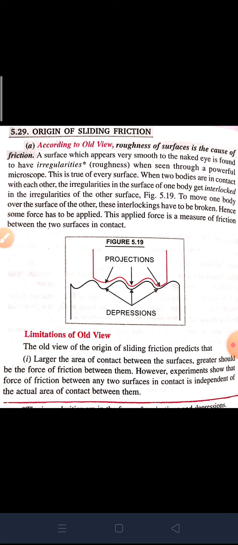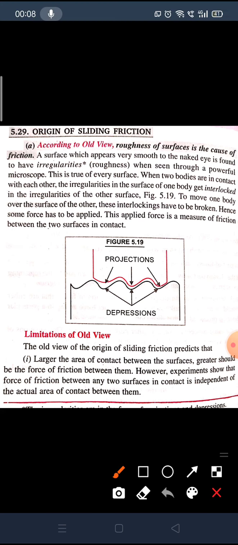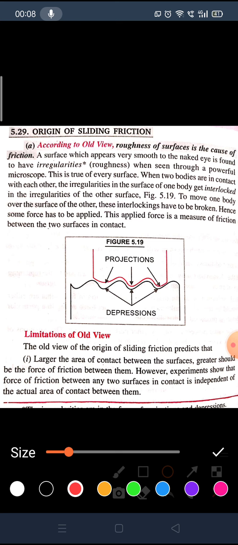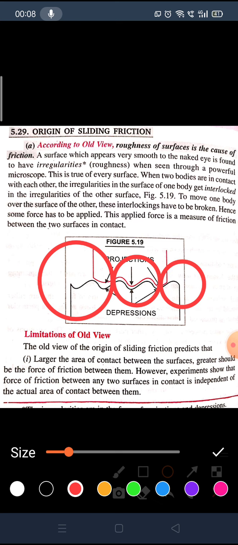A surface which appears very smooth to the naked eye is found to have irregularities or roughness when seen through a powerful microscope, and this is true of every surface. You will find in this figure, this is the rough surface.